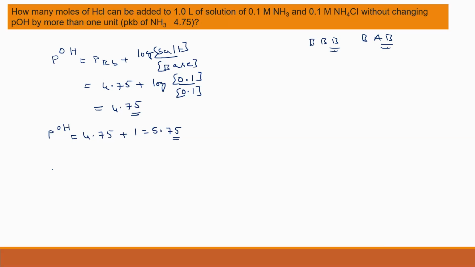Okay, now pOH 5.75 is equal to pKb, which is 4.75, plus log concentration of salt by concentration of base.